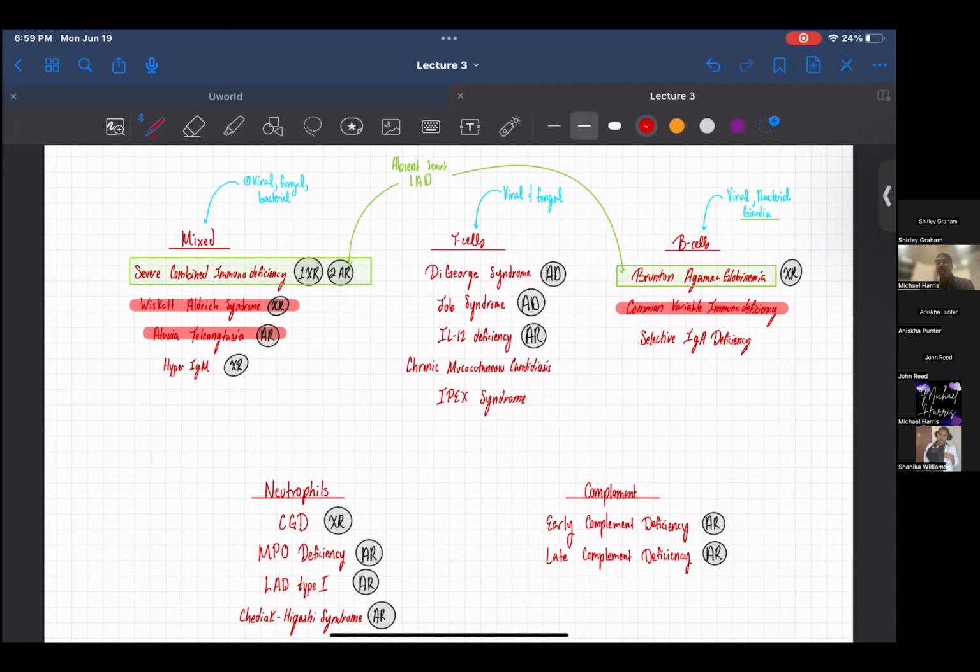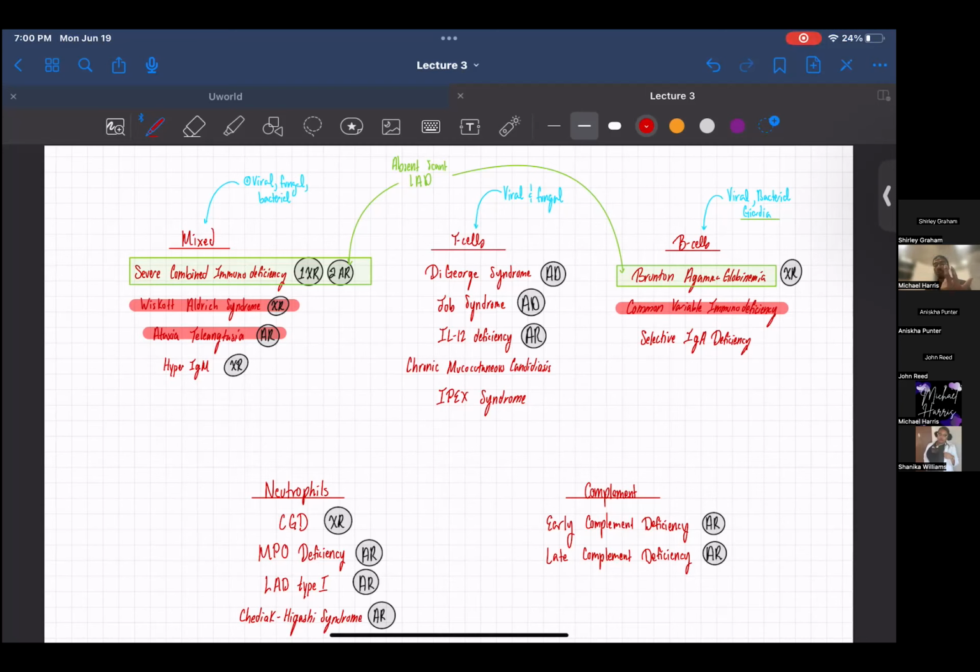Now, if you damage solely B cells, you end up presenting with different symptoms. If you remember, antibodies are very important for binding to bacteria for opsonization, as well as binding to bacteria to allow complement to be activated to then kill off bacteria.